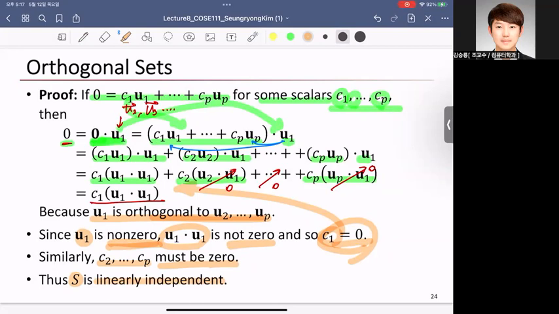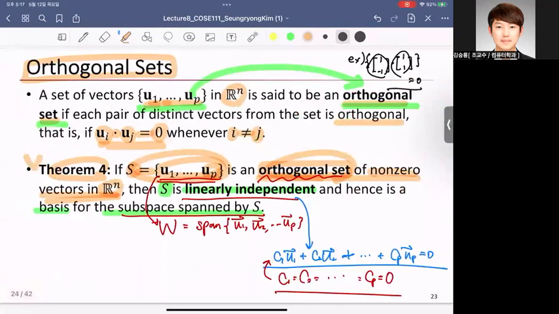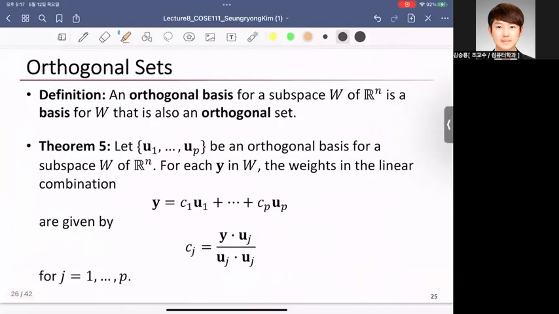This is the proof of this theorem. It's very, very clear. Okay. In other words, an orthogonal basis for a subspace W of R^n space is a basis for W that is also an orthogonal set. This is almost the same thing.